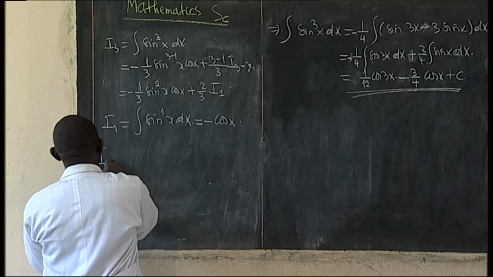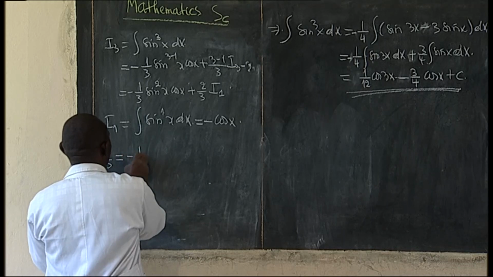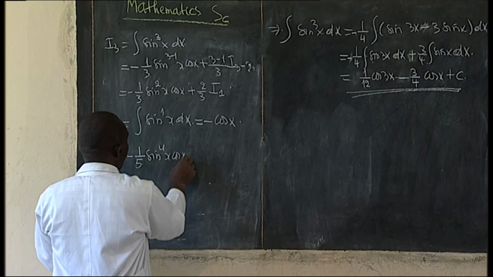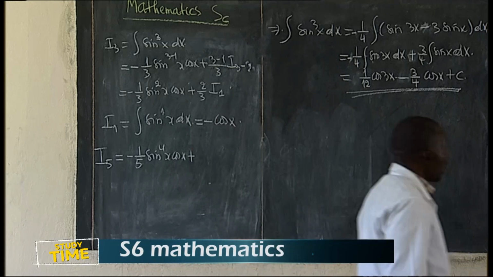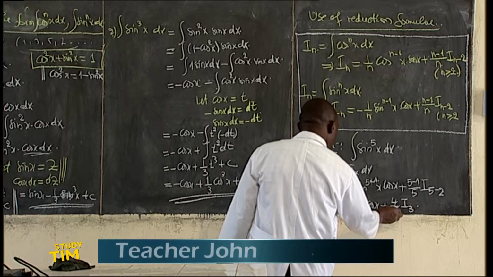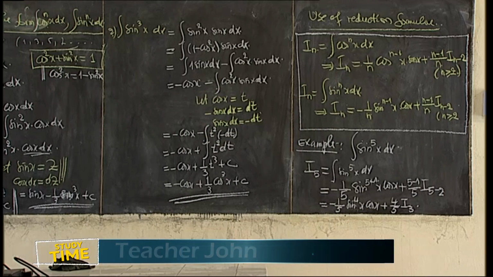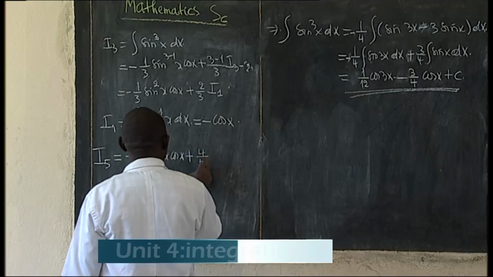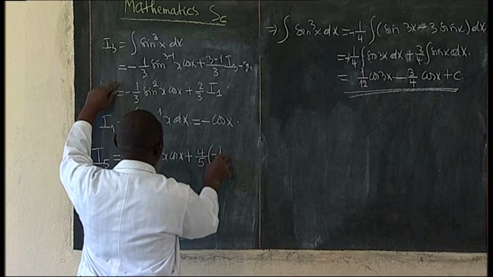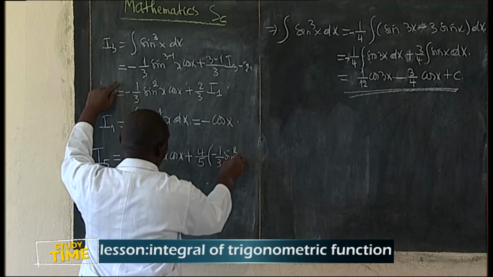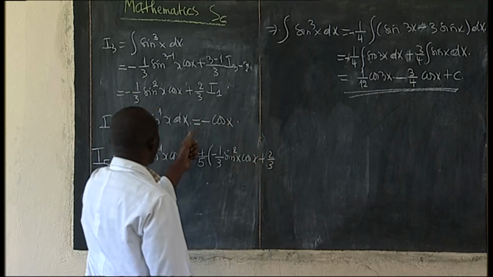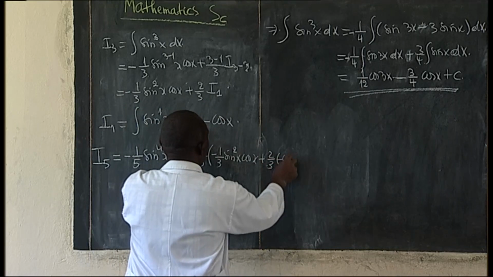I_5 is equal to minus 1 divided by 5 sine^4 x times cosine x, plus 4 divided by 5 I_3, and I_3 is minus 1 divided by 3, sine squared x times cosine x, plus 2 divided by 3 I_1. I_1 is minus cosine x.